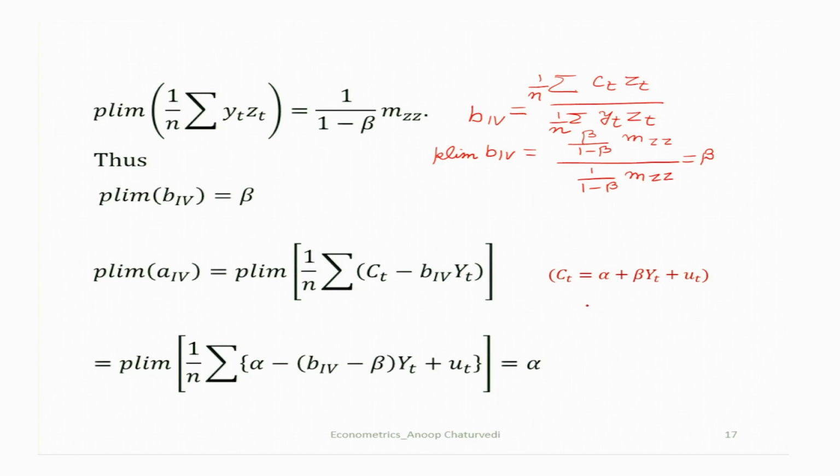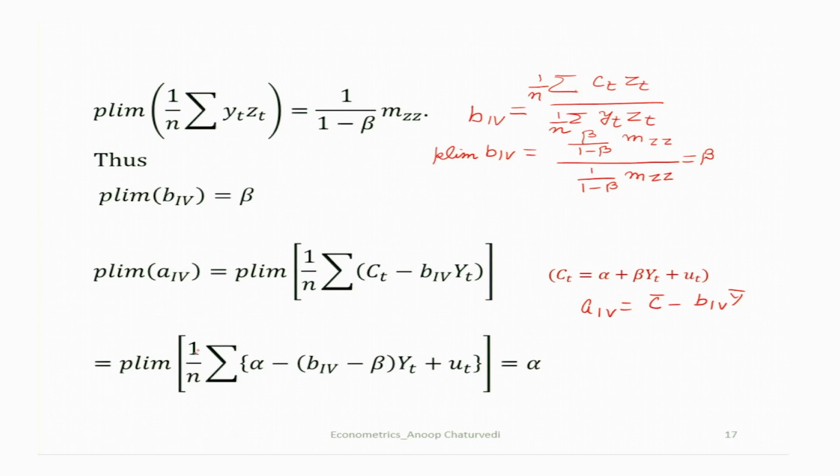actually A_IV is equal to C bar minus B_IV y bar. Then we write C bar equal to (1/n) summation C_t and y bar equal to (1/n) summation y_t. So, the probability limit of A_IV is equal to the probability limit of (1/n) summation C_t minus B_IV y_t, and then C_t is equal to alpha plus beta y_t plus u_t.